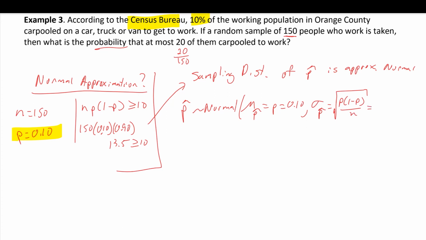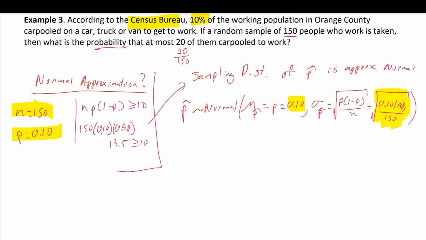That's 0.10, we already know that 1 minus p is 0.90, over n, where we took a sample of 150. Our calculator can handle that. I'm not too interested in the decimal equivalent, as we saw in the previous example.